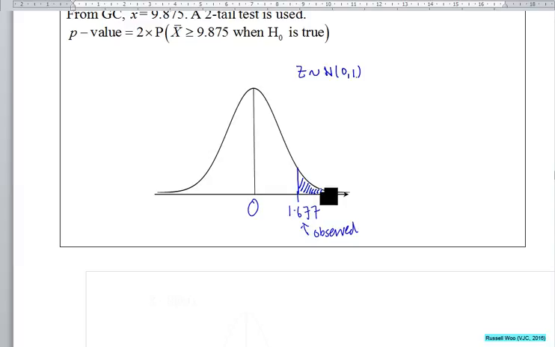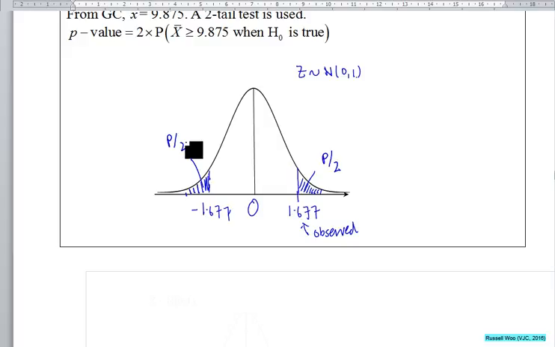The p-value is the probability of obtaining a value as extreme as the observed value, which means my p-value is this plus this. Follow what I'm saying? So I'm going to say this, okay? This is p over 2. This is p over 2.